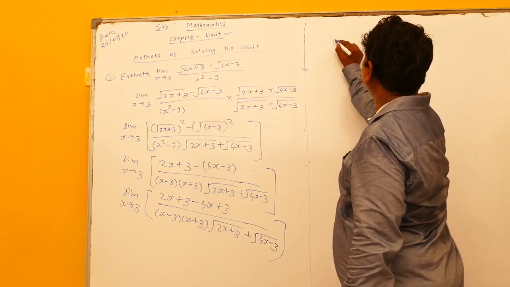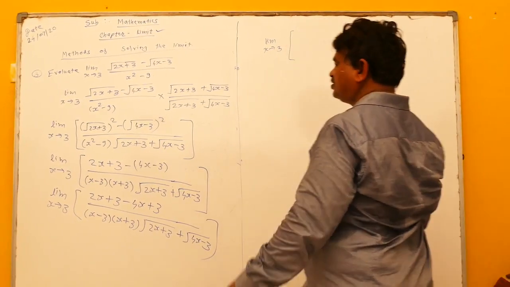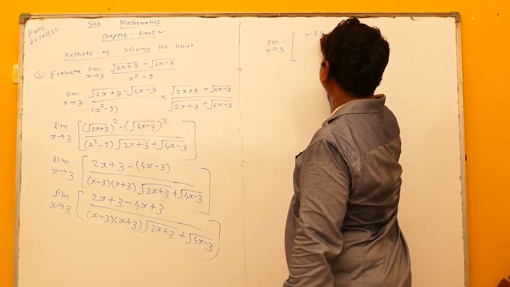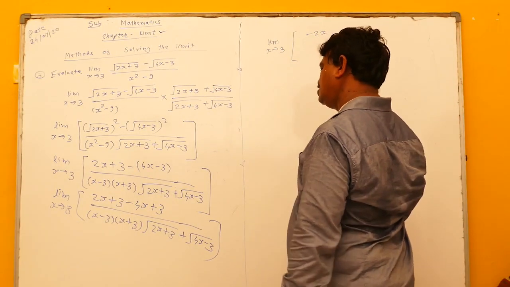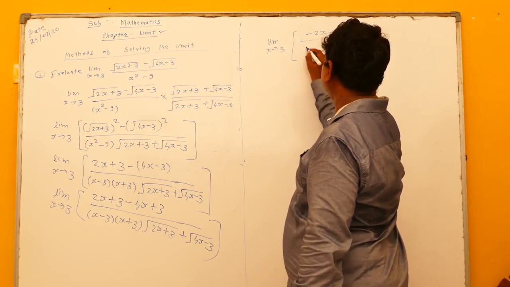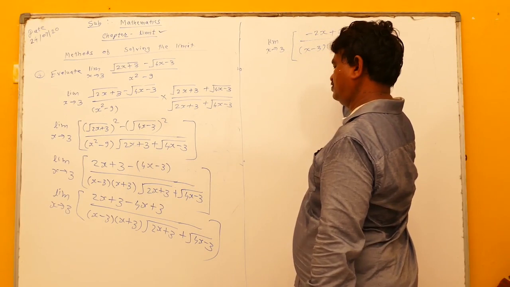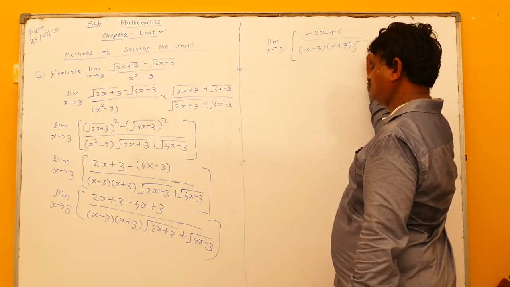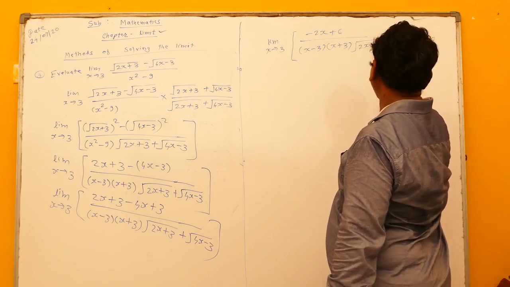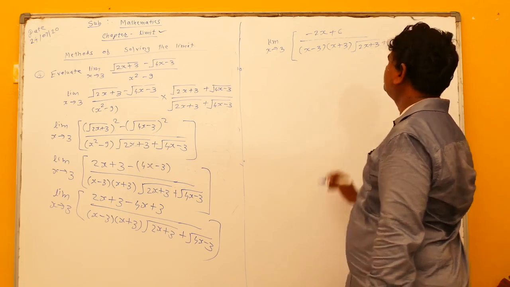Limit of x tends to 3. Now here plus 2x and minus 4x gives minus 2x, and plus 3 plus 3 gives plus 6, divided by x minus 3, x plus 3, into under root 2x plus 3 plus under root 4x minus 3.